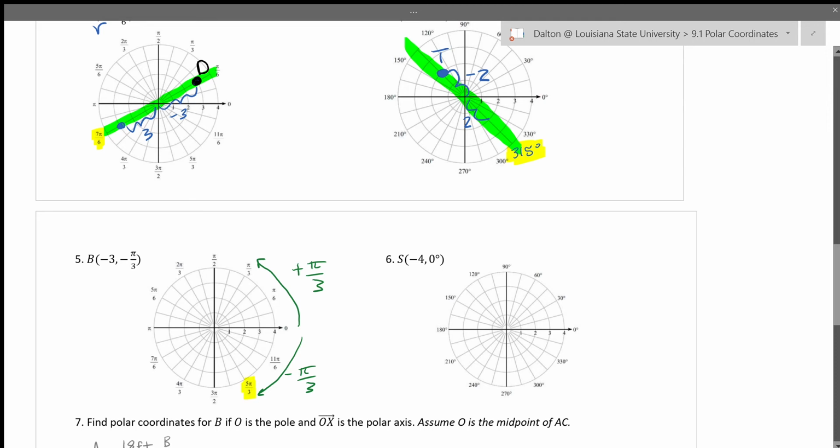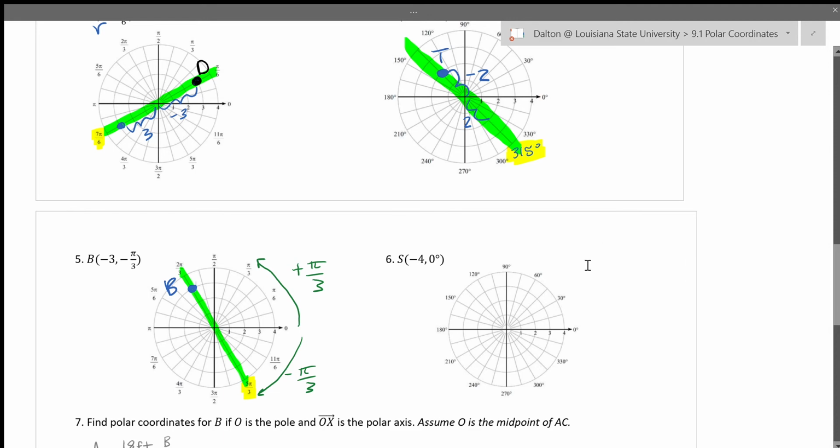Okay, so there's my angle. And then again, since r is negative, I'm actually going to be going across the pole into the opposite direction. So instead of starting at the pole, moving 3 into the direction of 5 pi over 3, I'm going to be moving 3 in the opposite direction. And there's point B.